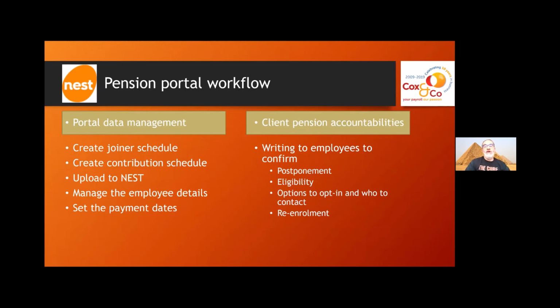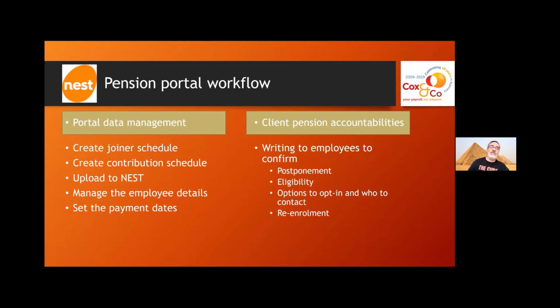So again, the ones we deal with most frequently are Nest, People's Pension, and Aviva. Nest and People's Pension have pros and cons. Both of them have things the other doesn't have. Aviva is a bit behind, but is catching up.